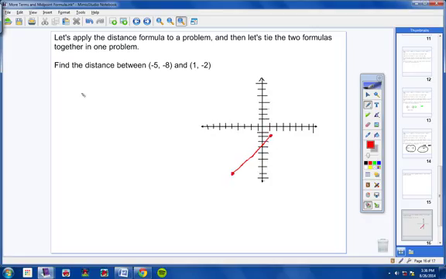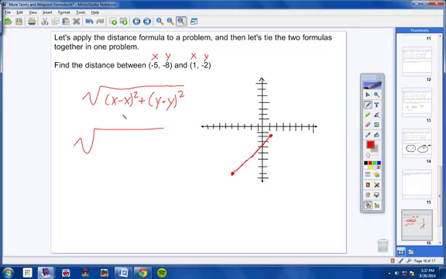So let's go ahead and get to work. Some of you are probably already working, which is fine. The formula is x minus x, quantity squared, plus y minus y, quantity squared. It really doesn't matter which x or which y you put in first, because you're going to subtract and square anyway. Here's your x, here's your y, here's your x, here's your y.